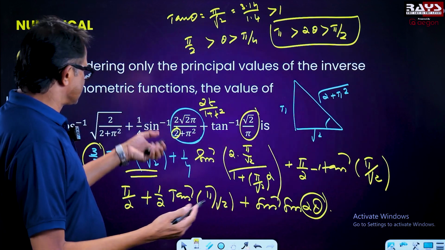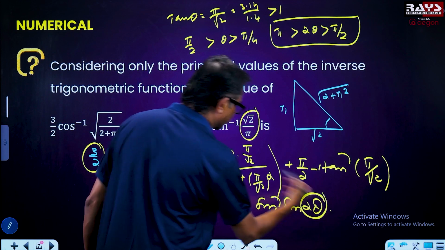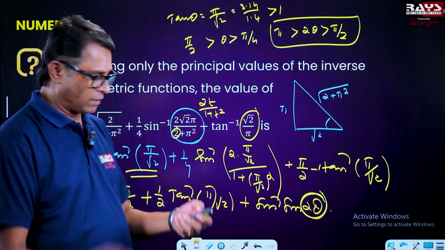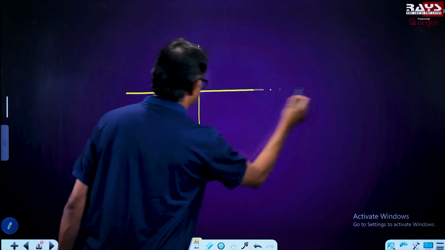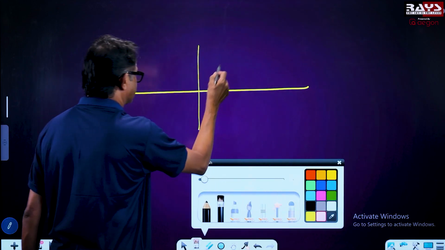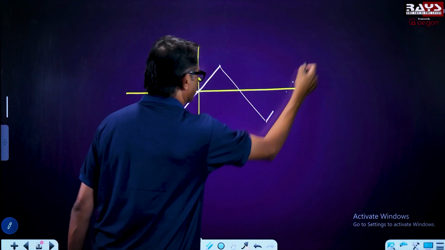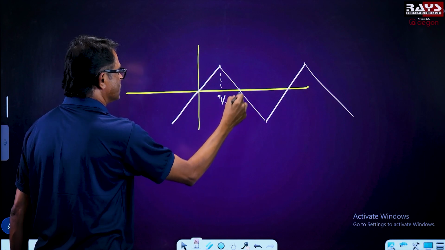When you consider sin inverse of sin 2 theta and this is greater than pi by 2, you have to look at the graph of sin inverse sin x. The sin inverse sin x graph will be something like this, it goes like this. This is pi by 2 and this is pi.